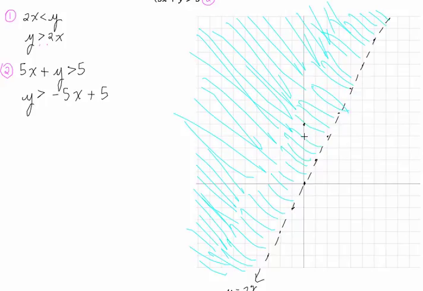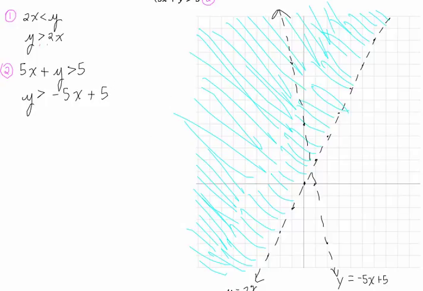So we'll go down 5, right 1, down 5, right 1. It's also a dashed line. Pretty steep dashed line here. So there's y equals negative 5x plus 5.